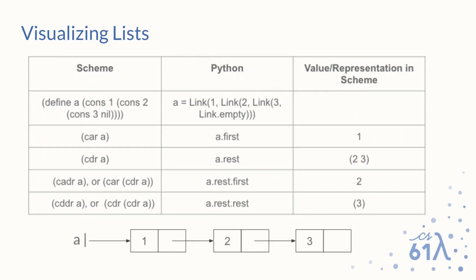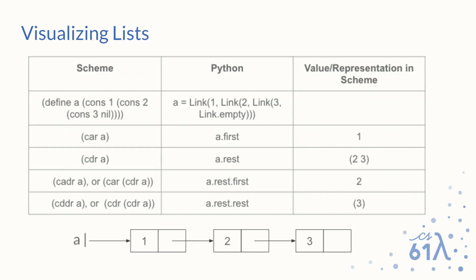Do we need to mention nil or link.empty as the last element always, or is it an optional argument? So in terms of Scheme, it is not like the class implementation in Python where the default is going to be link.empty. In Scheme, you have to explicitly say nil at the end of the list.